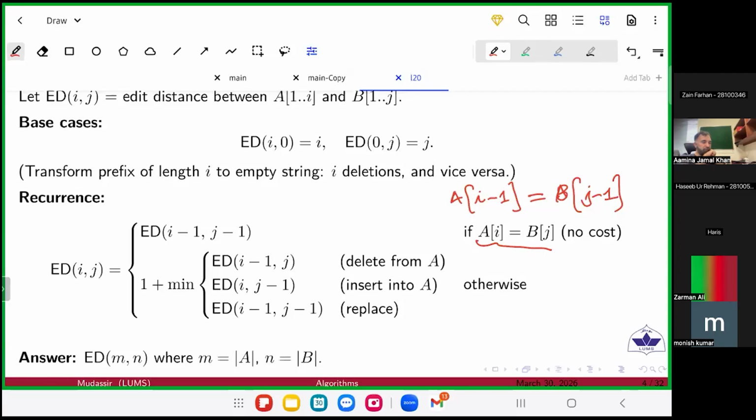Okay, so in 3 different ways you can incur this cost, and this could mean different things for your string later on, which means that you have to take minimum of these 3 possible operations at position i and j. All right, so your recurrence is this.